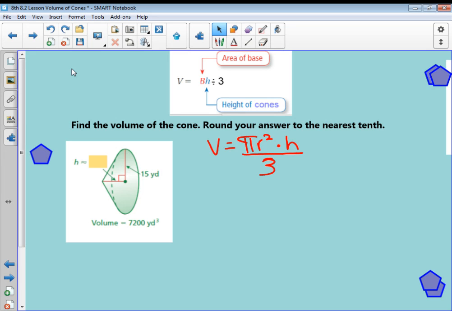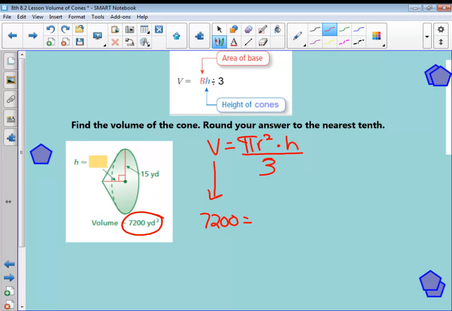So just like we did with cylinders, we're going to piece in the information. So our volume is 7,200, equals pi, which is 3.14, times our radius, they're telling us is 15, so 15 squared times our height.